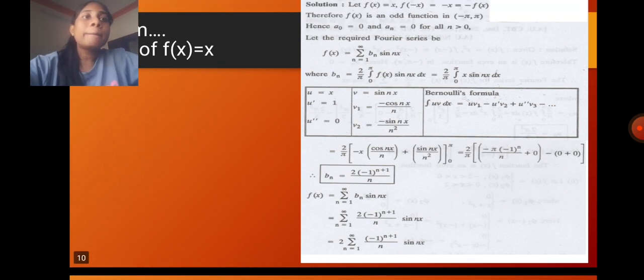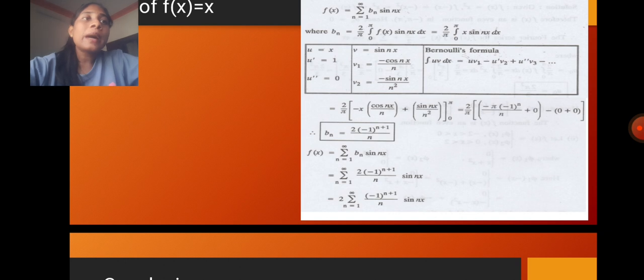Now we apply Bernoulli's formula: the integral of uv dx is u v1 minus u dash v2 plus u double dash v3, and it continues.